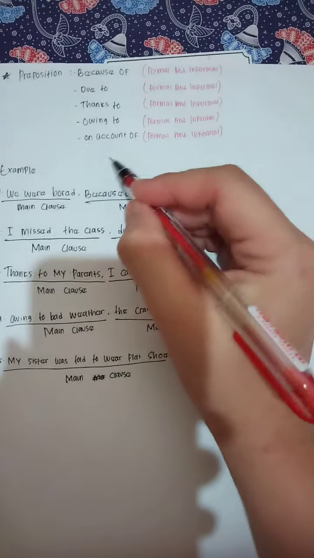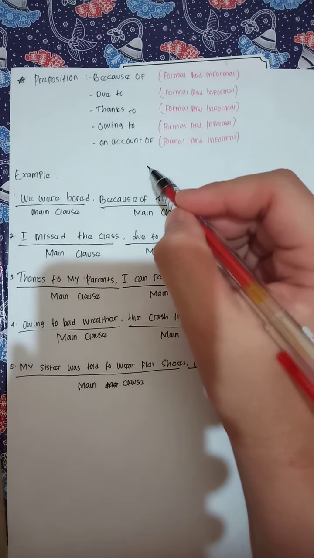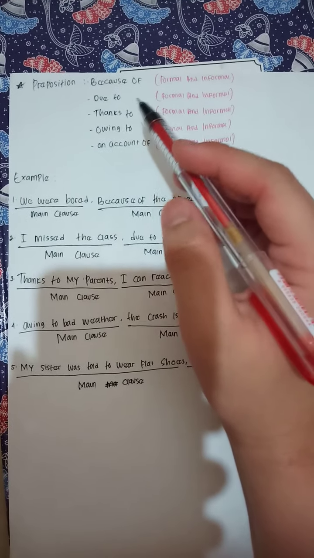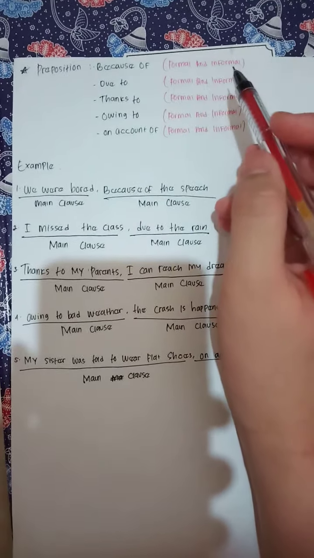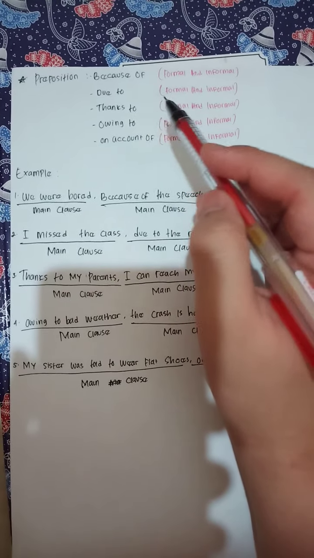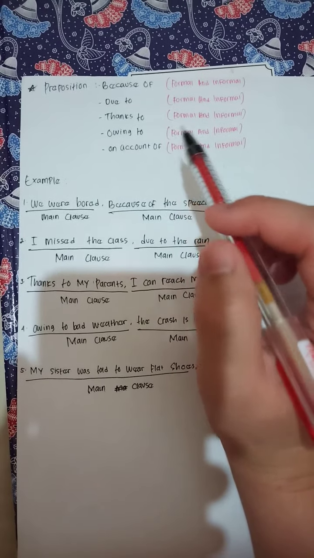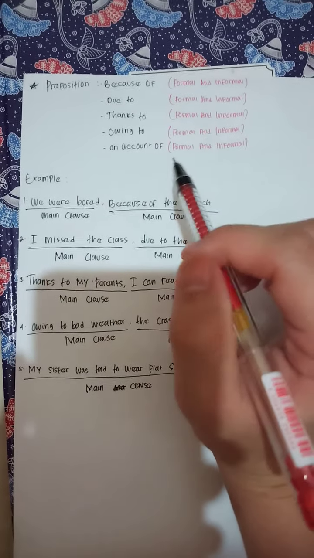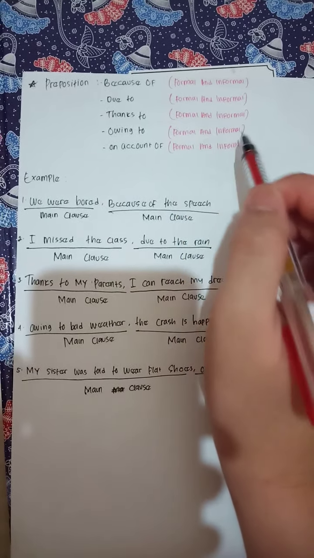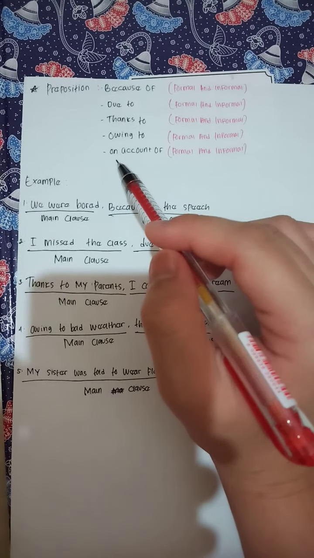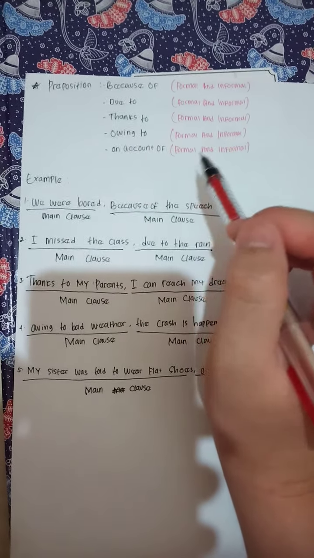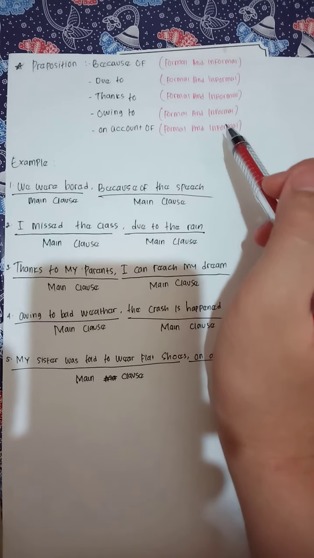The next, prepositions: because of, formal and informal; due to, formal and informal; thanks to, formal and informal; owing to, formal and informal; on account of, formal and informal.